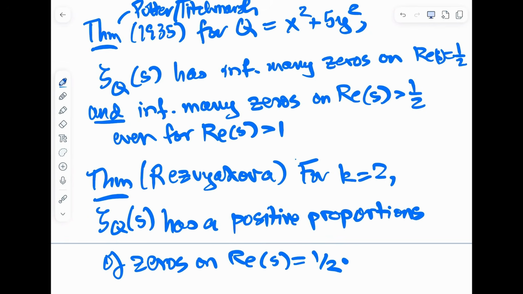So you will find in the literature as evidence towards the Riemann hypothesis, people will say, oh, the Riemann zeta function has at least 1/3 or at least 40% of the zeros counted by their height on the line real part equals 1/2. That's towards the Riemann hypothesis. But the fact that things that don't satisfy the Riemann hypothesis also have that calls into question the value of any of these positive proportions of zeros on the critical line as being any evidence at all for the Riemann hypothesis in the cases where you expect it to hold.